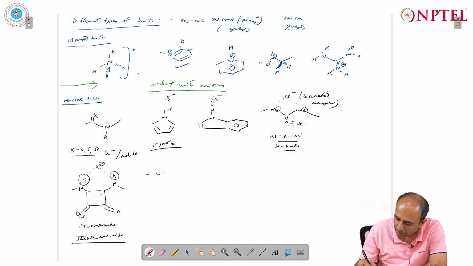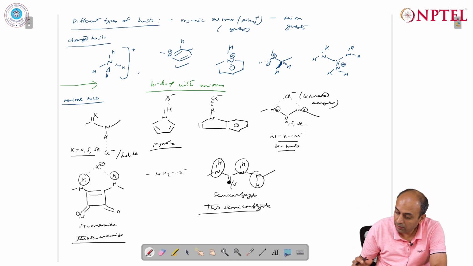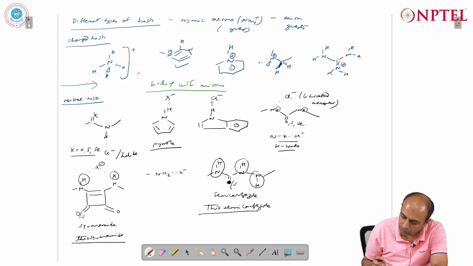We can have simple amines also, and we can have semicarbazides. So we can have this as a donor, this as a donor, and this as a donor. This is a semicarbazide if this is oxygen, but if this is sulfur, then it is called a thiosemicarbazide. So you can see there is a lot of diversity when it comes to the different functional groups which can now sense anions.